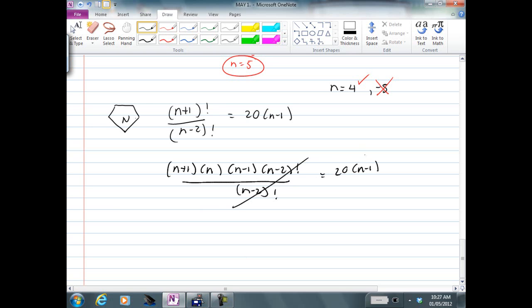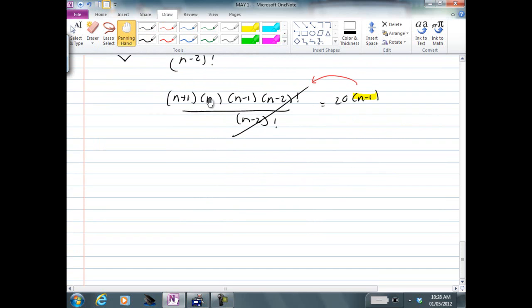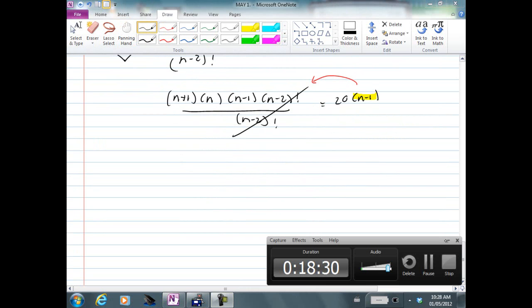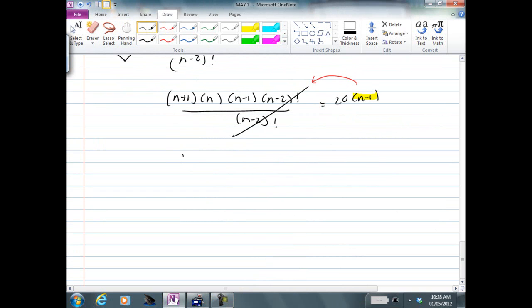I'm going to bring n minus 1 over by dividing, and you cancel it with the other n minus 1. So what you're left with is (n plus 1) times n equals 20, because the n minus 1 cancel each other out.